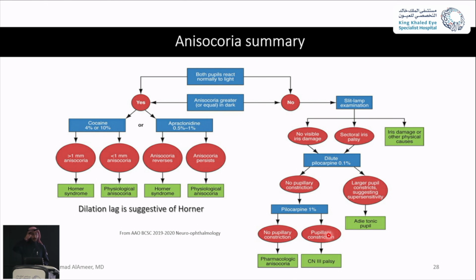Is it reactive to the light? Yeah, okay. I don't think so. What do you think? So what's the mechanism?